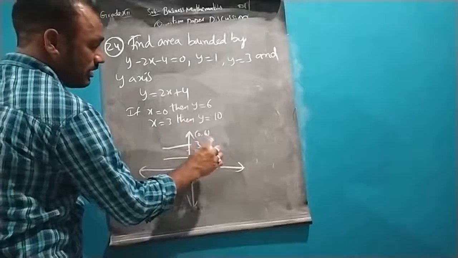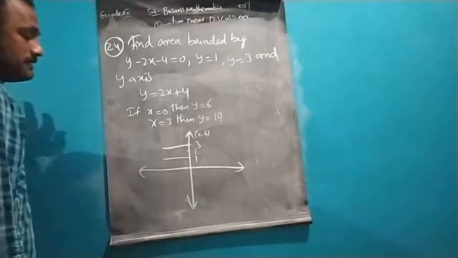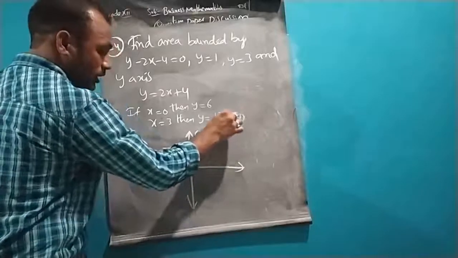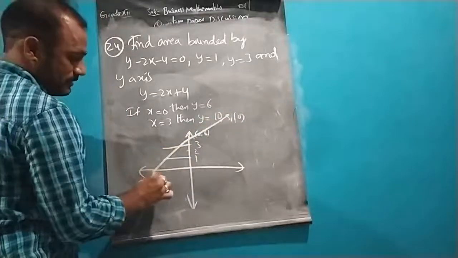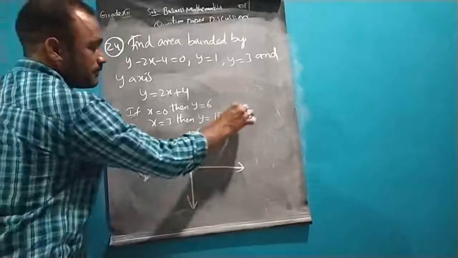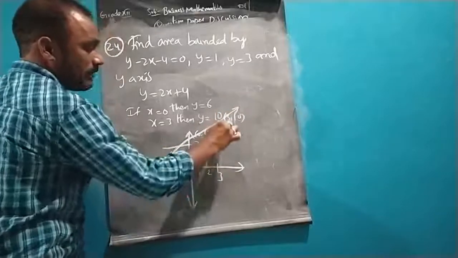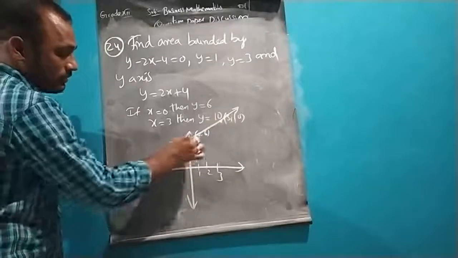So here 10. If I draw a line like this, here we are going to get a line like this. Here 1, 2, 3. So 3, 10 I have marked here, and 0, 6 I have marked here. So after that we got a line here.